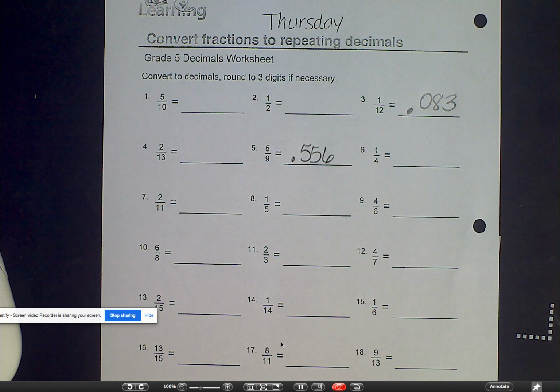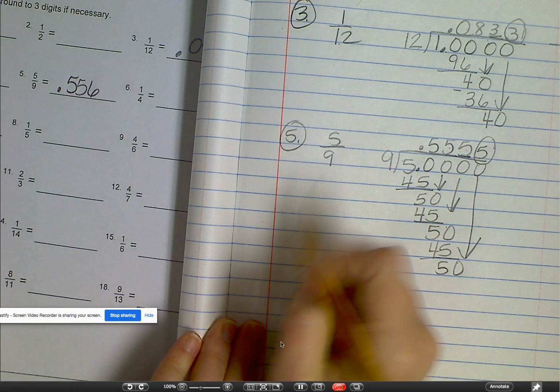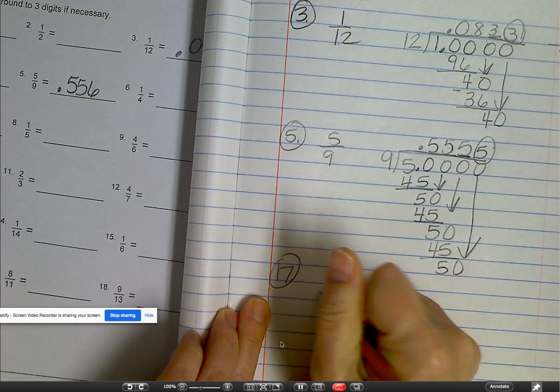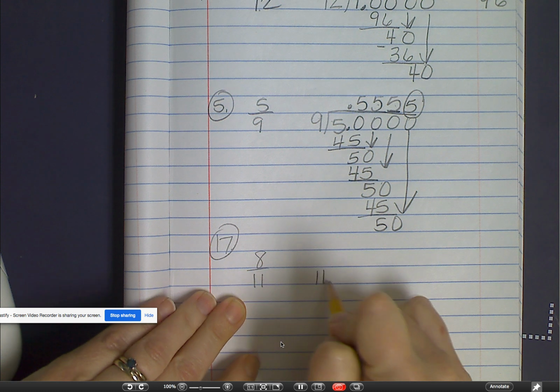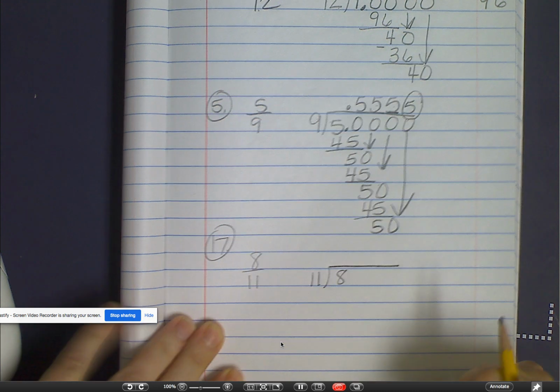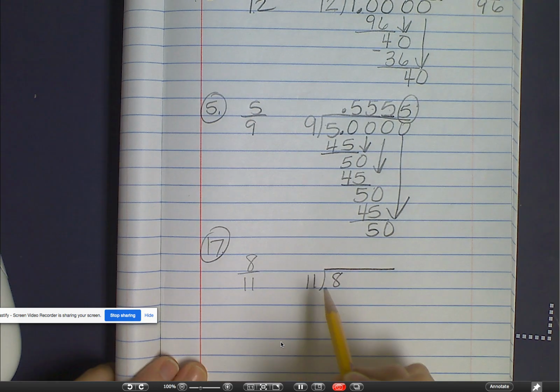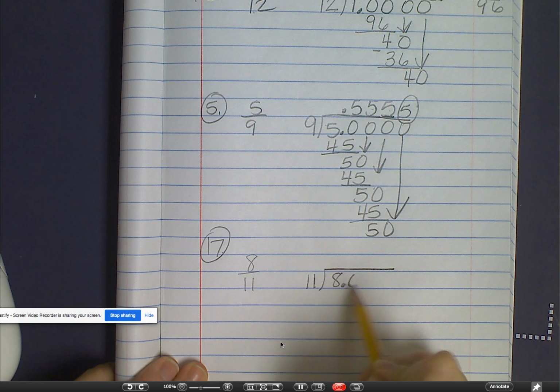All right. I'm going to do one more with you, and that's going to be, let me do number 17. Number 17 is 8/11ths, right? So I know that with 8/11ths, 11 goes on the outside, and then 8 goes on the inside. Remember, the denominator, your dog, stays outside. Okay?